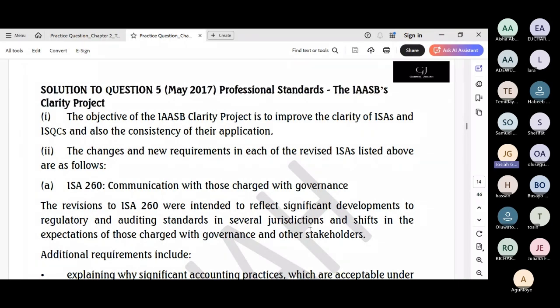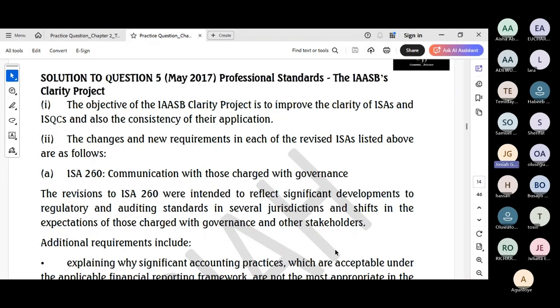Okay, so it introduces the IASB clarity project and states the auditor as an audit manager, aware of its impact on several ISAs. And it's a direct recall question on the fundamental purpose of that clarity project. So let me even see the solution. Okay. Well, it's clear.